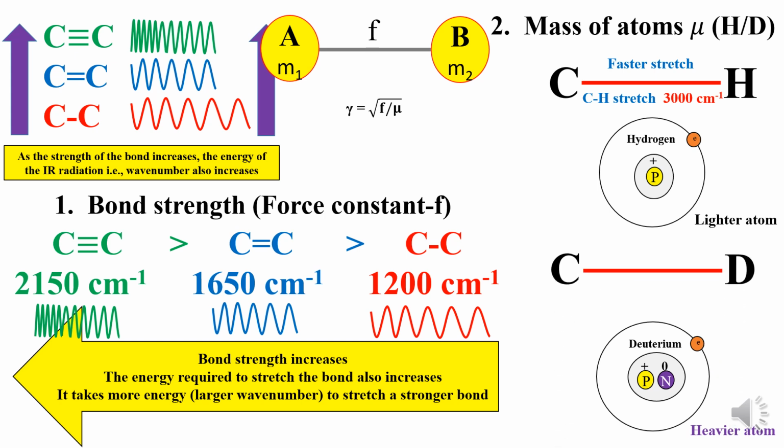What about the stretching of the bond interconnecting the carbon and deuterium? Now deuterium is heavier than the hydrogen atom, and therefore the bond stretches at a slower rate.